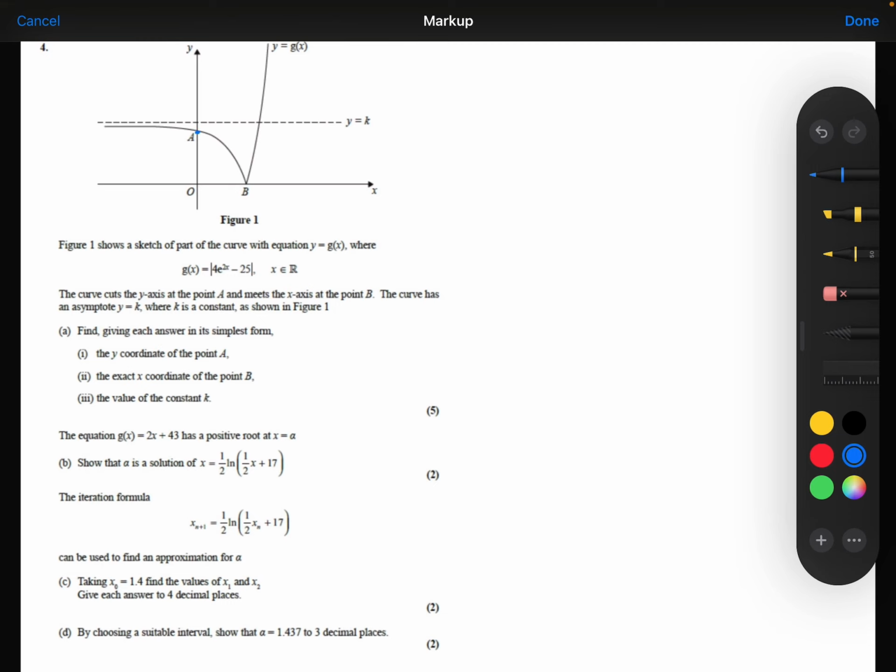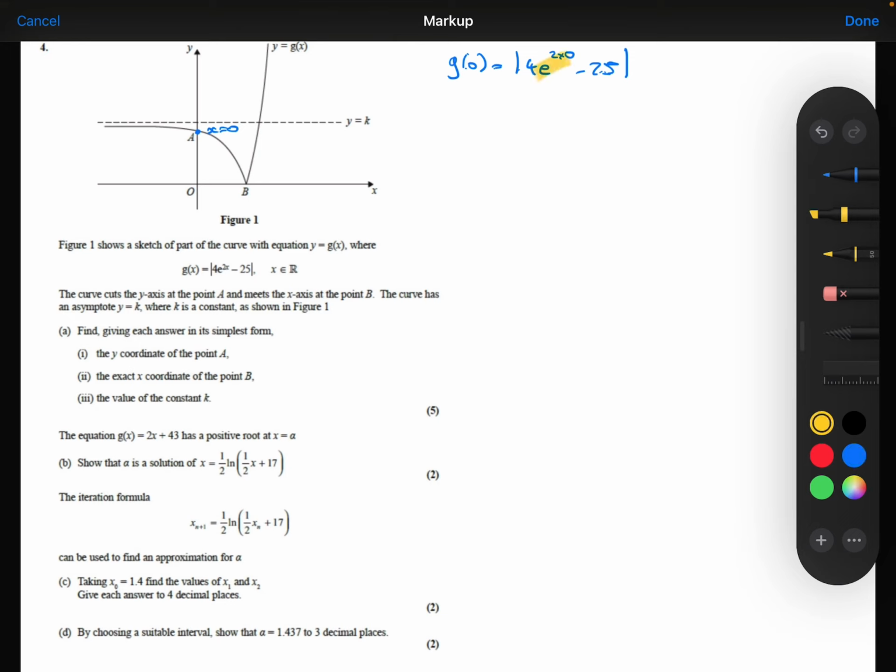So at point A here, I know that's where it intersects on the y-axis, so I know that x equals 0 at that point. So if I substitute that into my equation, g of 0 equals the modulus of 4e to the power 2 times 0 minus 25.